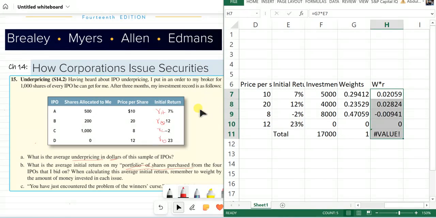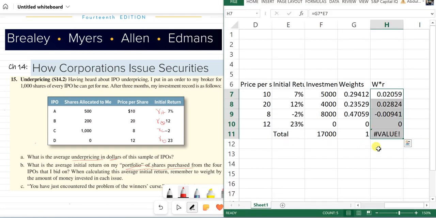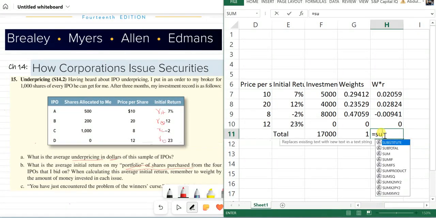Let's go back to our formula. We have multiplied all these weights with the corresponding returns. Now the last thing left is to add all of these values, so we use the sum function.